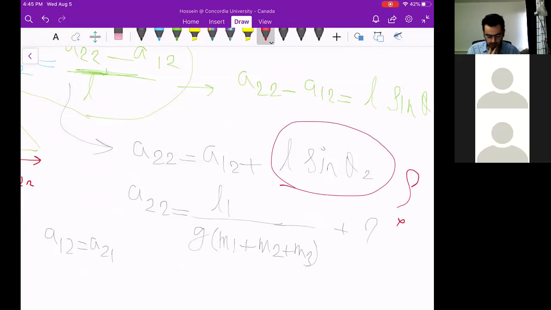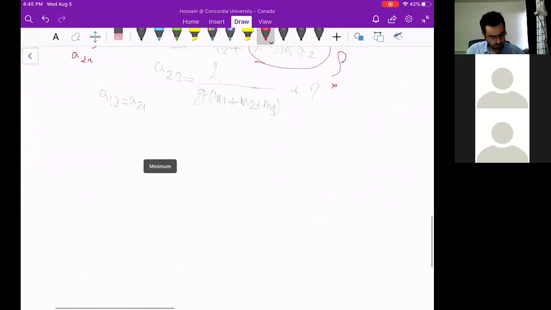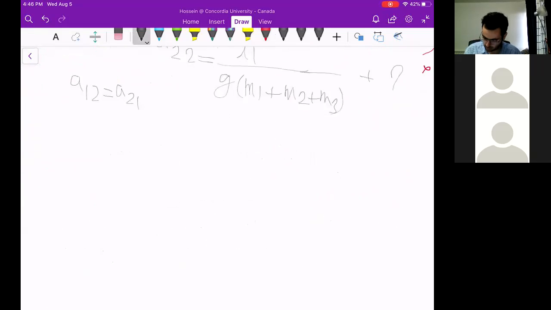So we have to find theta 2. We have to again go for a free body diagram for the second mass in order to find theta 2. For the second mass, there is a unit force, there is the weight of the second mass plus the third mass trying to pull down mass 2.